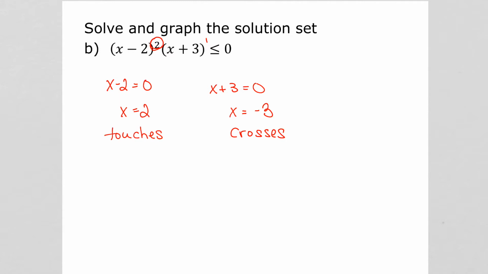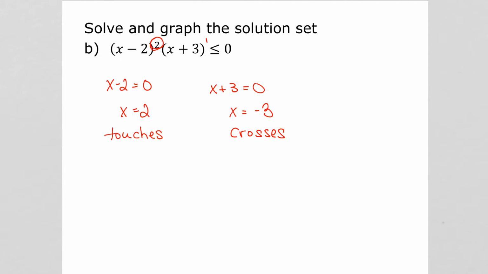Okay, so we need to look at some intervals. Over here on the number line, we've got x equals 2 here, and x equals -3 there. And so for our intervals, we need less than -3.